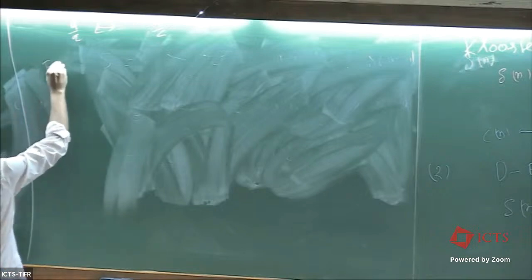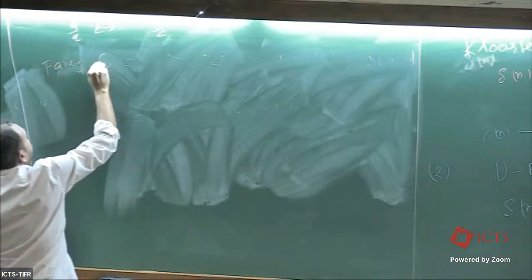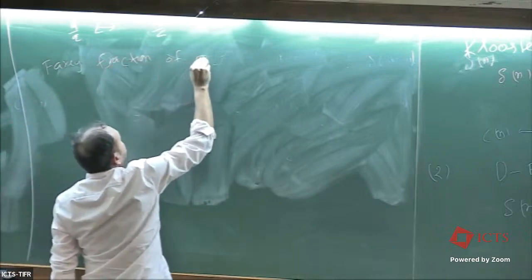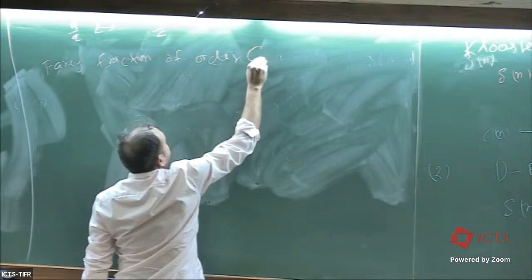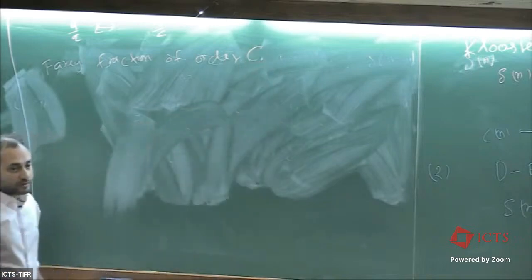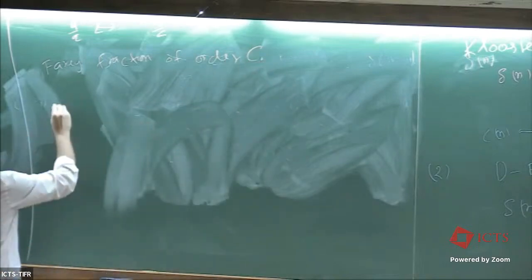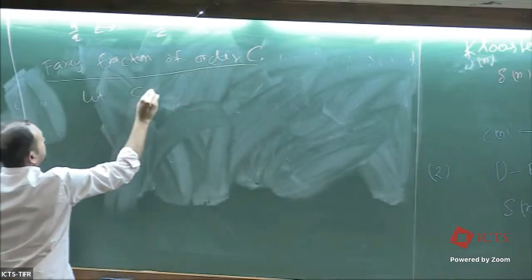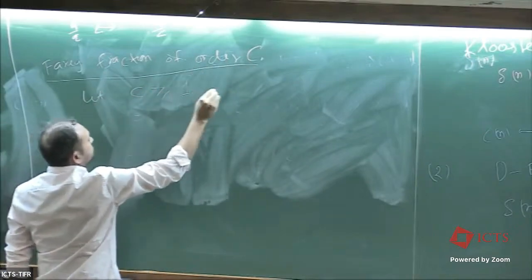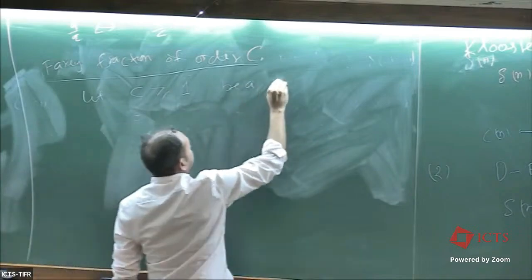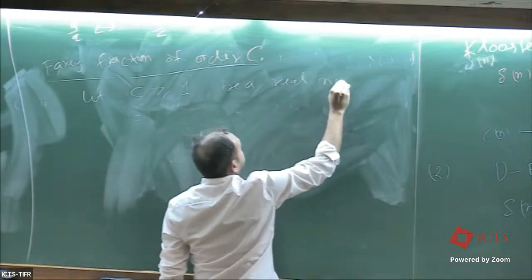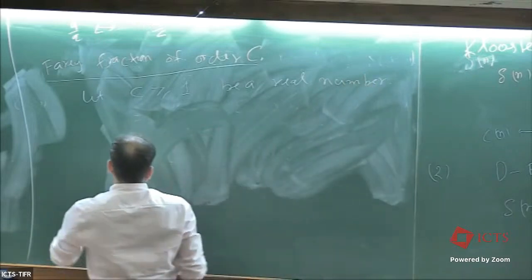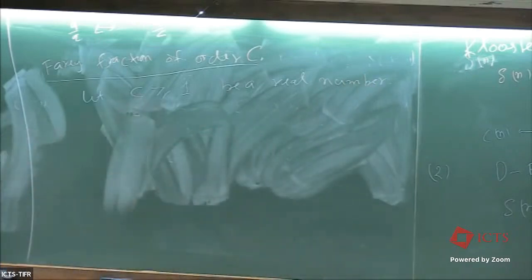Okay, so Farey fractions of order C. Let C bigger than or equal to 1 be a real number. If you want, you can take this to be an integer.